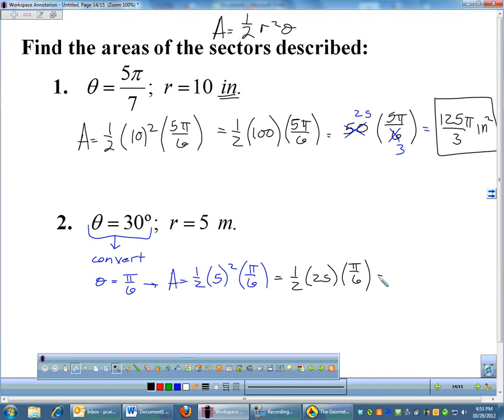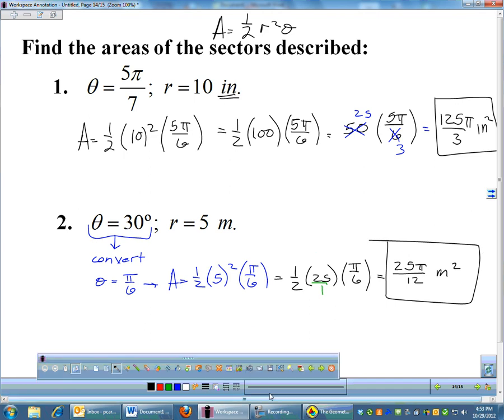And nothing cancels on this one, so I'm just going to multiply straight across. I'm going to put the 25 over 1. And let's see, 1 times 25 times pi is 25 pi over 2 times 1 times 6 is 12. Nothing reduces there. My unit is meters, so area would be meters squared.